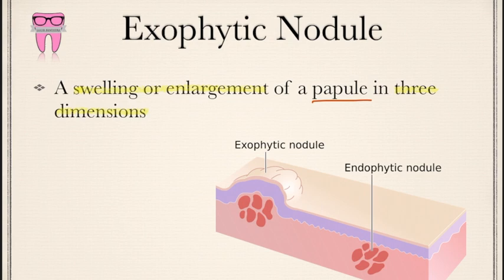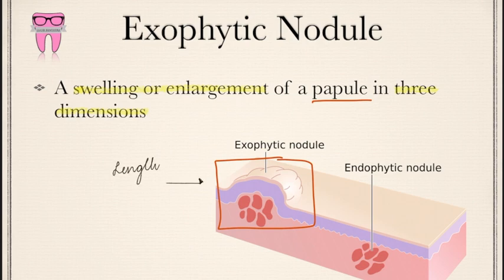As you can see over here, this is a picture of an exophytic nodule. There is growth in length, breadth, and height. This is an exophytic nodule.